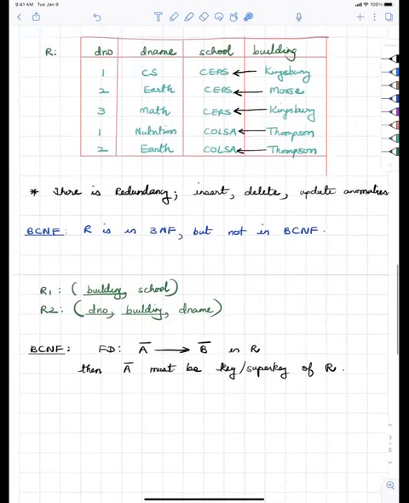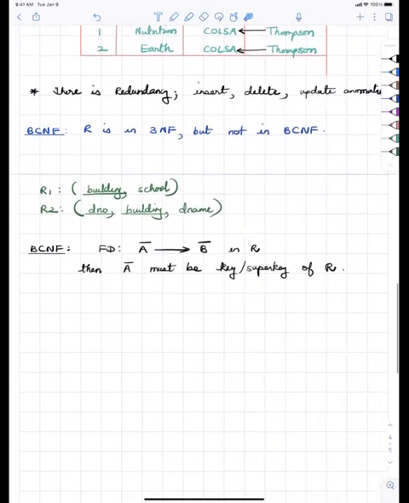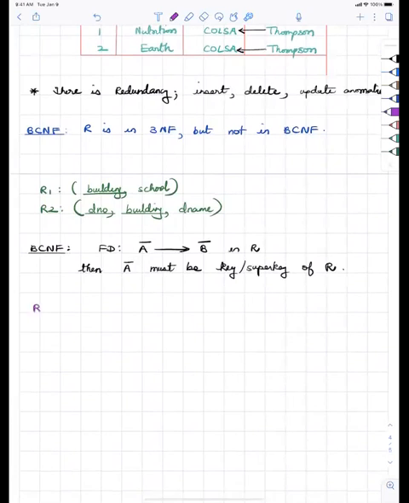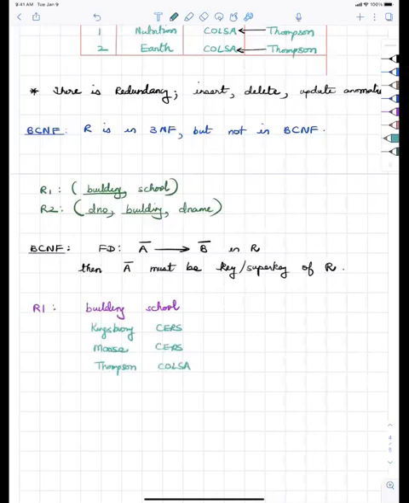And I also just want to show you, since I put up this example, that by dividing it into R1 and R2, if you do R1, which is building and school, and then you have R2, which is D number, building, D name.